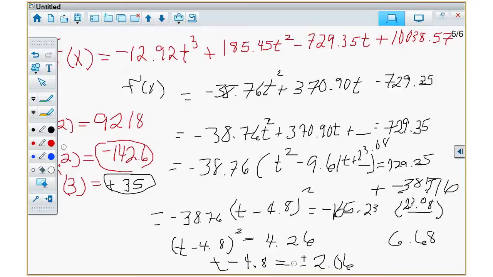And negative 2.06 plus 4.8 is what? It's not negative, it's going to be positive 2.74. So at 6.86 and 2.74, you're going to have either the highest or lowest.